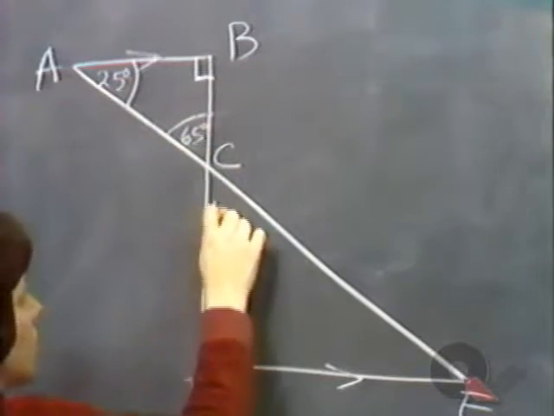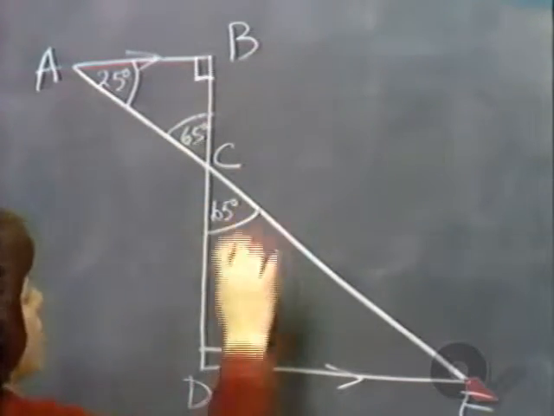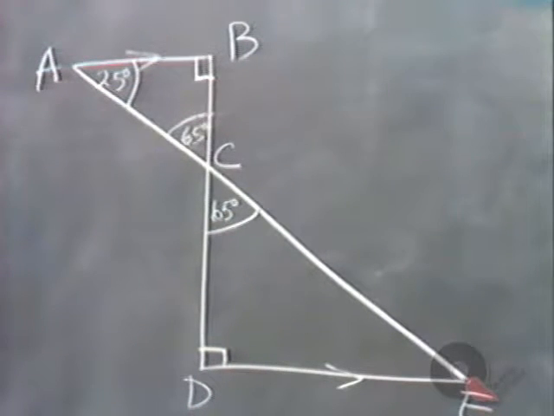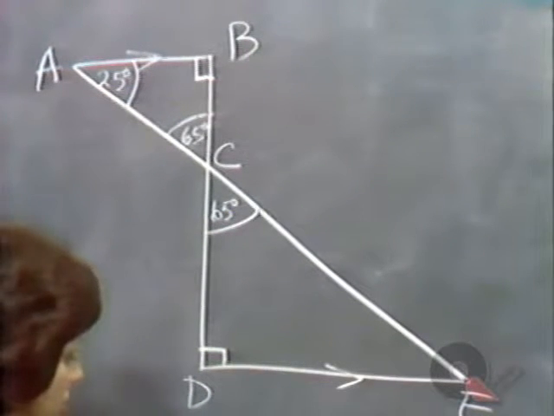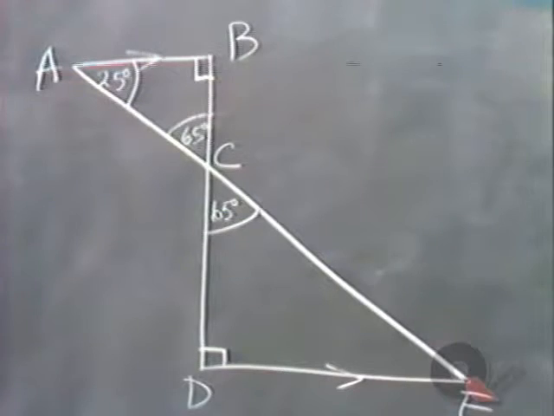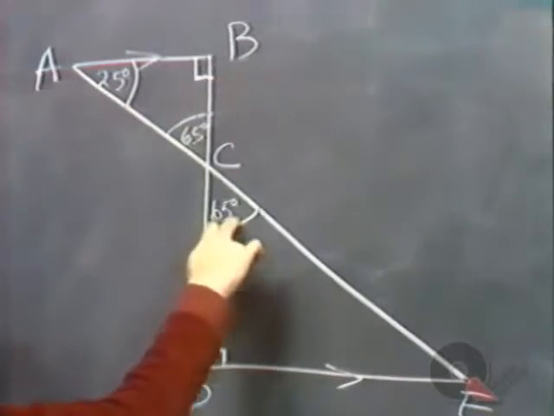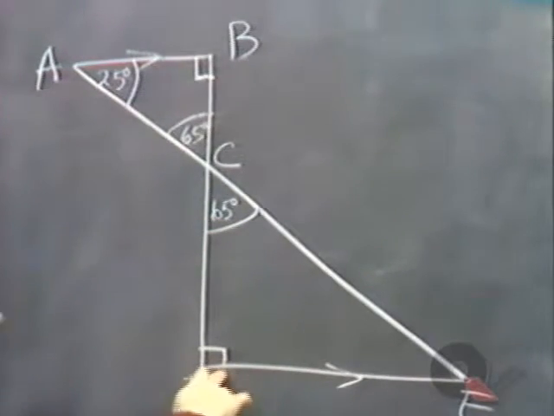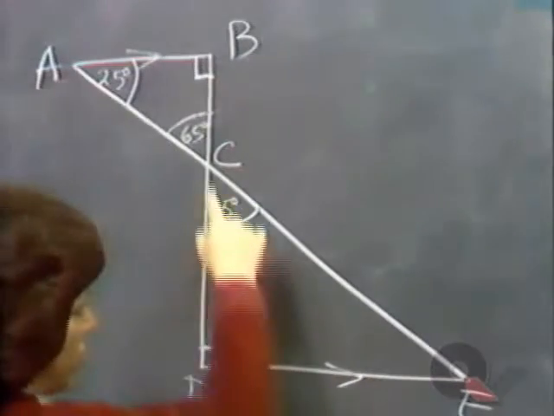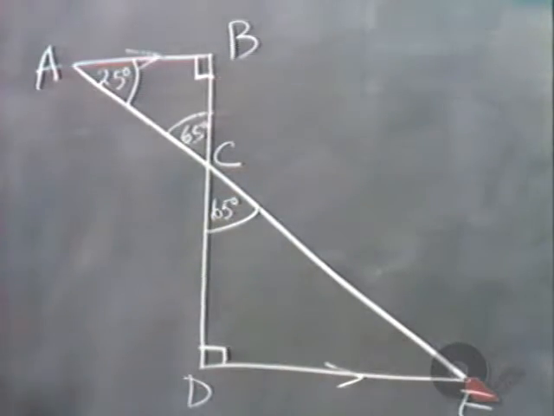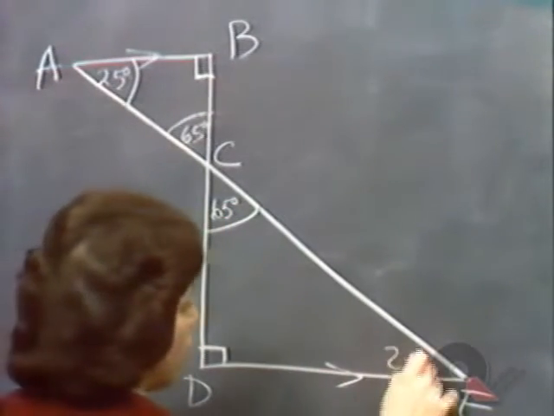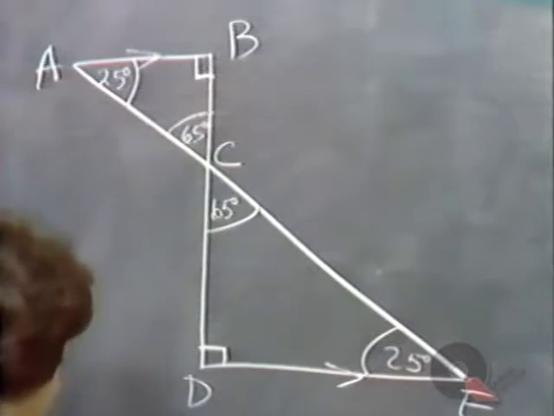Here are the vertical angles, and we already know from an earlier tape that the vertical angles are equal. Okay, so this is also 65 degrees. And if this is 65 degrees and this is 90 degrees, this must also be 25 degrees, since the angles in the bottom triangle must add up to 180 degrees. 65 and 90, leaving us with 25 degrees for this angle here.